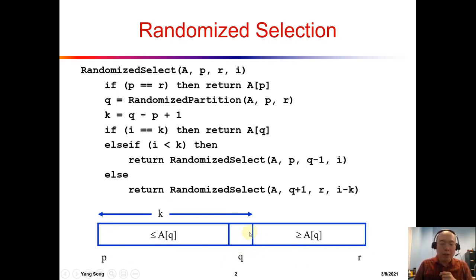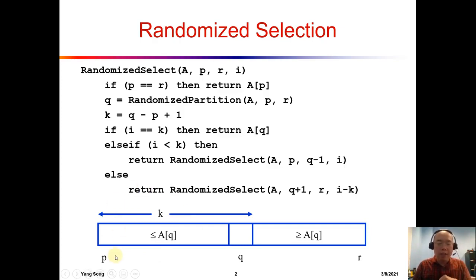So q is guaranteed to be the 801st order statistic. Let's say we are interested in finding the 500th order statistic. Which part shall we search? We want to do the search here, right?